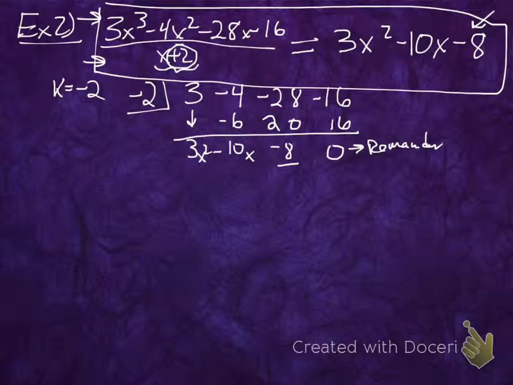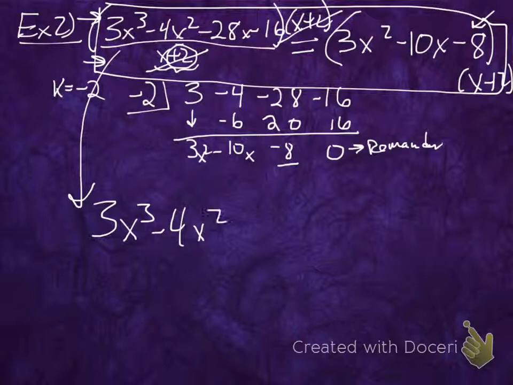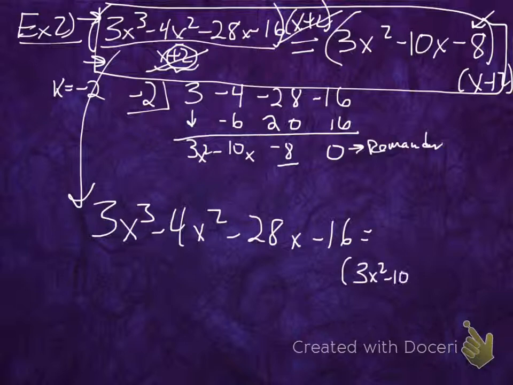I think you guys would agree if I were to multiply both sides of this equation by x plus 2, the divisor, these would cancel out, and that means the original polynomial 3x cubed minus 4x squared minus 28x minus 16 equals the product of 3x squared minus 10x minus 8 times x plus 2.